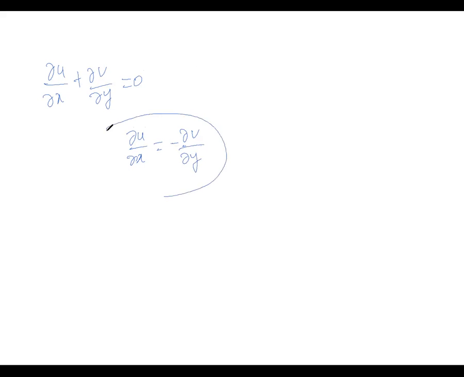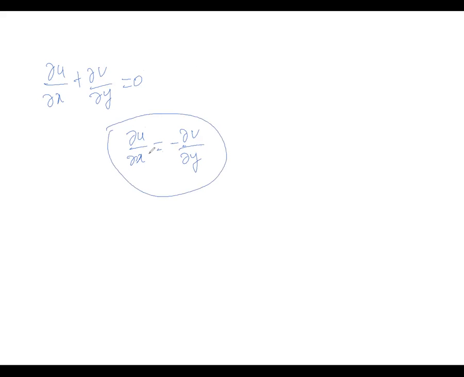So the continuity equation for two dimensions is dou u by dou x plus dou v by dou y is equal to 0. If you rearrange this, dou u by dou x equal to minus dou v by dou y.